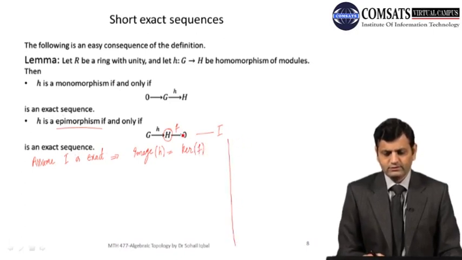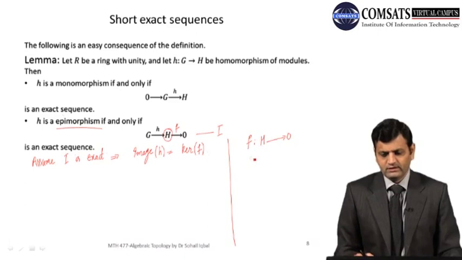Now according to the notations that we set earlier in today's lecture, if we have a map f from H to 0, then this always means that f of x is equal to 0 for all x belongs to H. So this means that every element of H is going to 0. In other words, this implies that kernel of f is equal to the whole H.